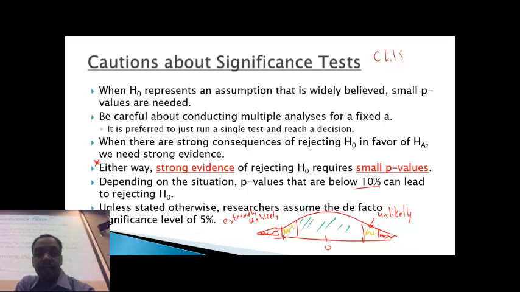So we're saying here, for the most part, anything between 5% to 10% is in the unlikely category. And then anything less than 5%, we'll call that extremely unlikely.